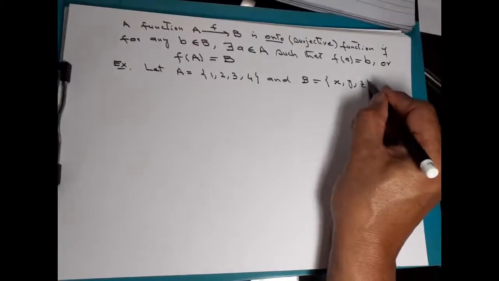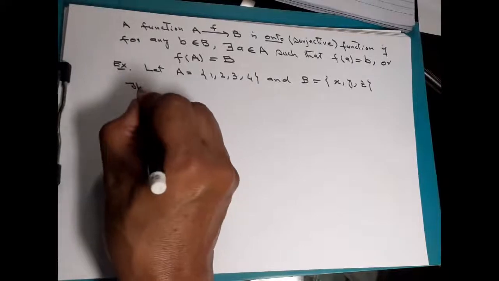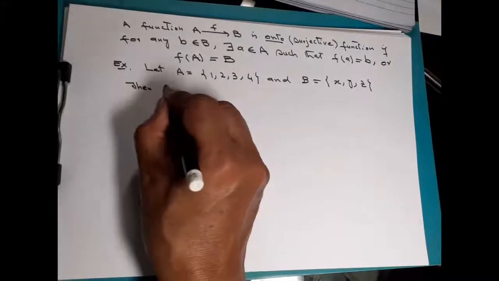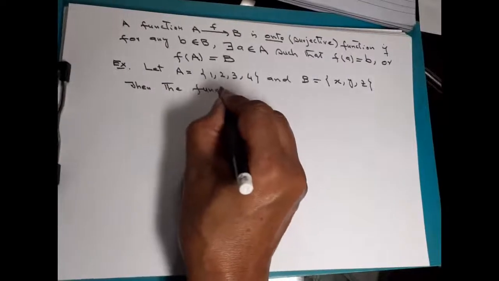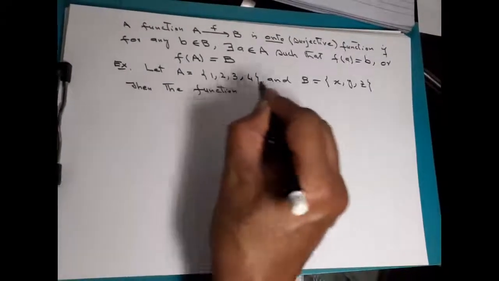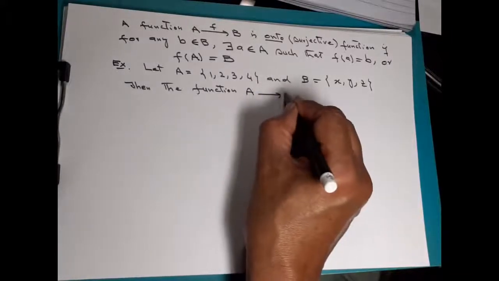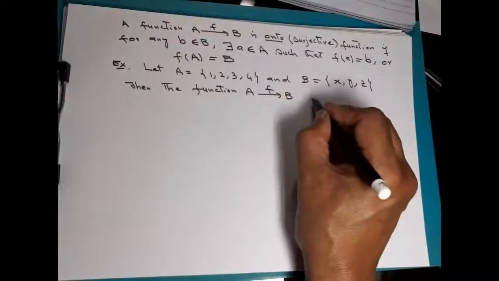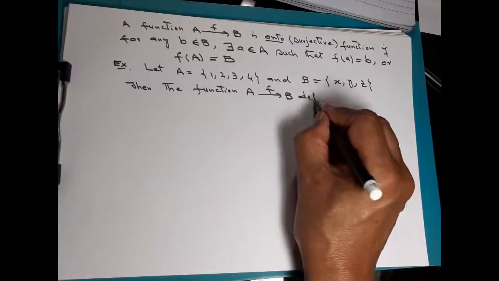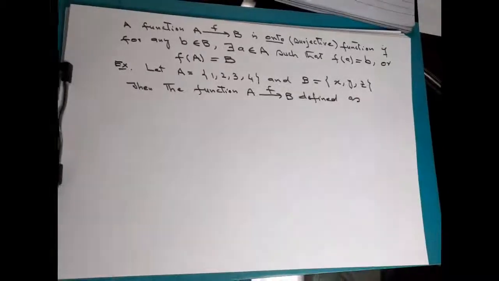So these are elements of set B. Then the function, let's call this function f from A to B defined as follows.